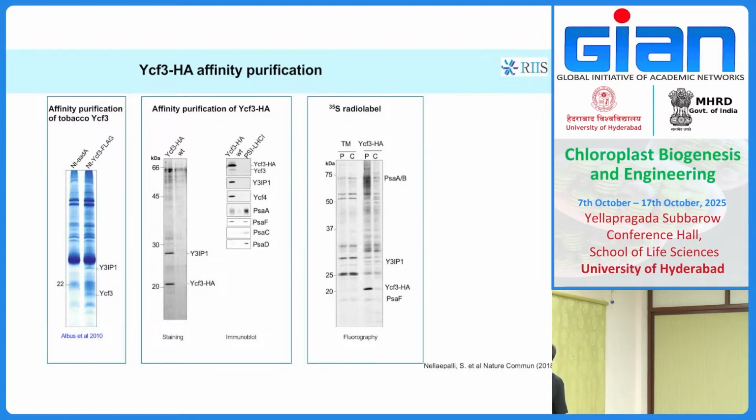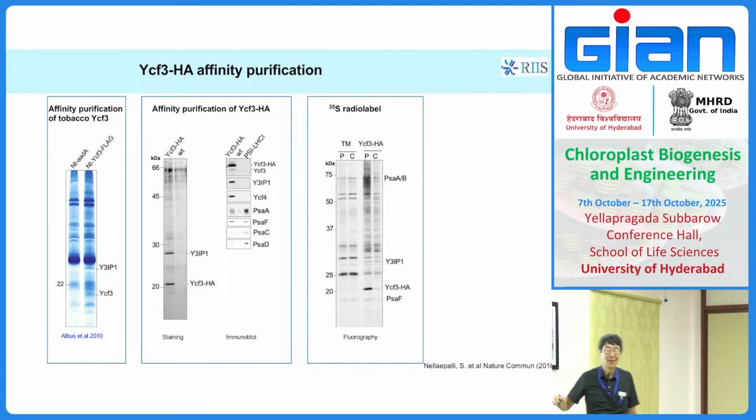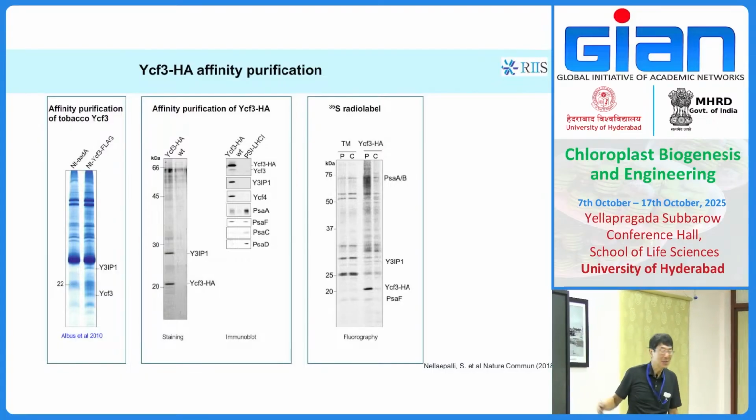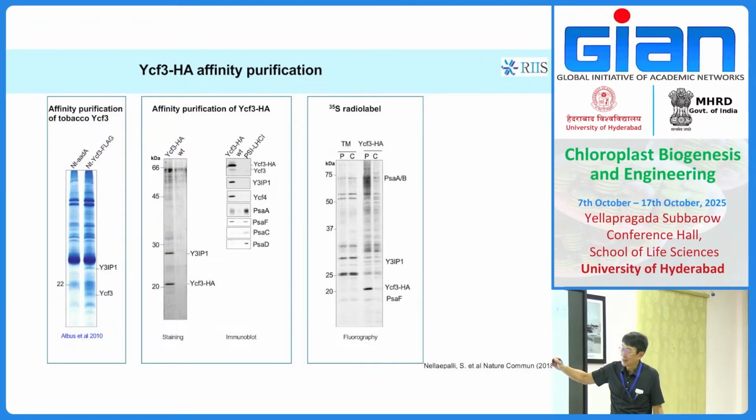This is the negative control. They use a FLAG tag. So even in the negative control, there are many proteins like here. And this is the positive control, the YCF3-FLAG.